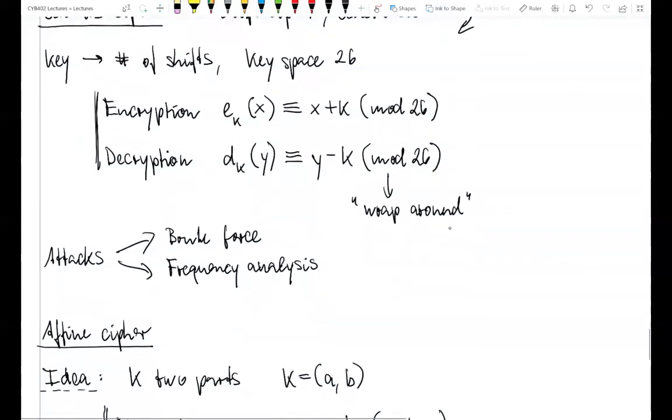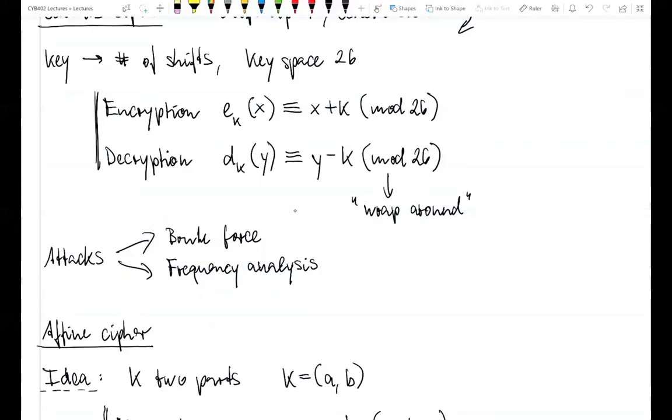Okay, so we talked about attacks already. Brute force would be one. Why is brute force an option? Remember that the key space is ridiculously small. So we have 26 cases to check. So brute force is a very viable attack method here.